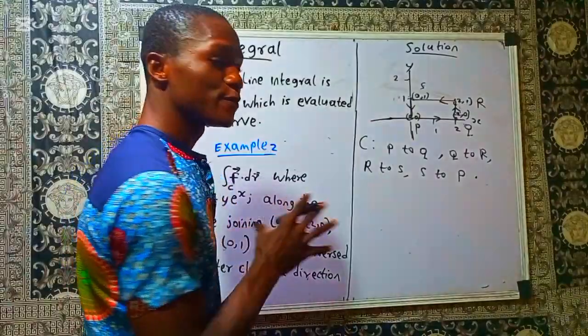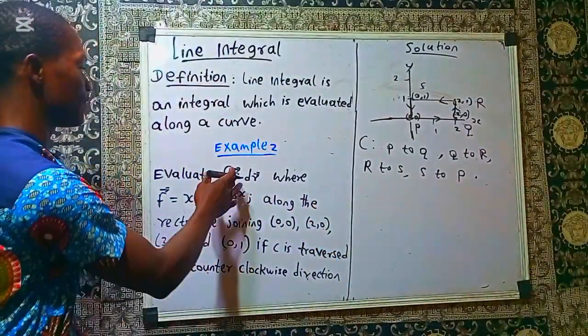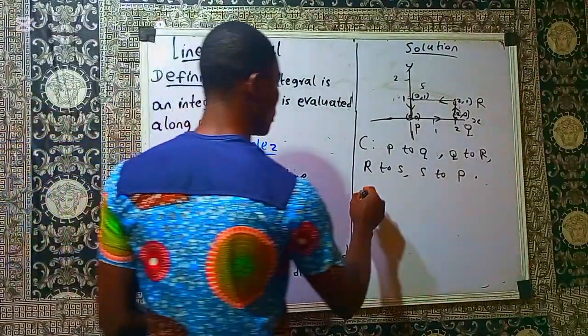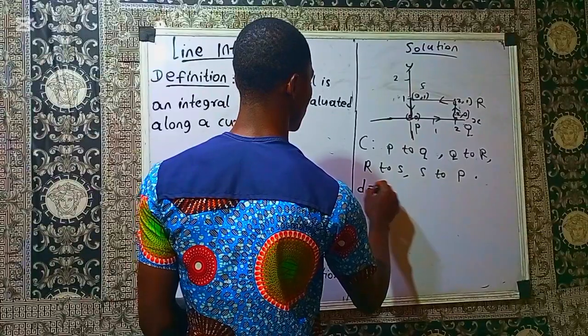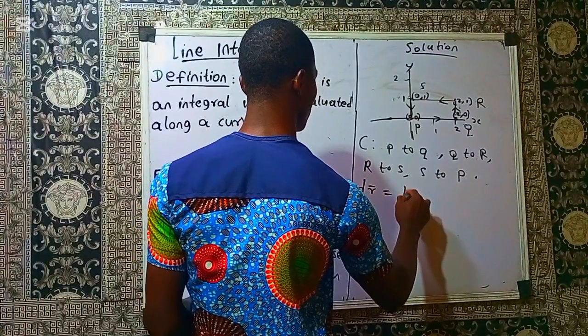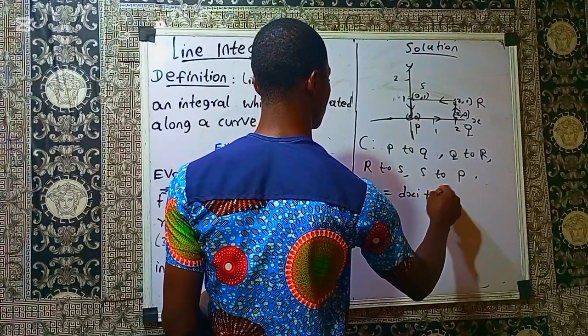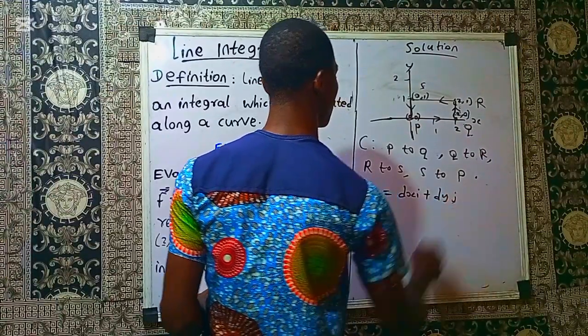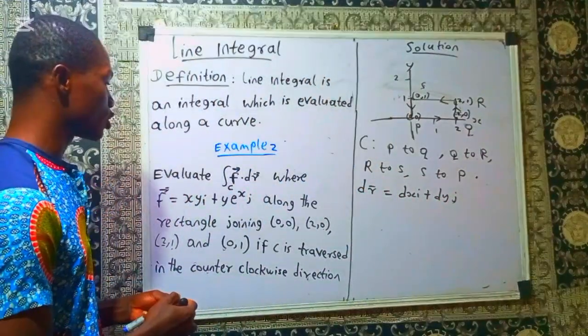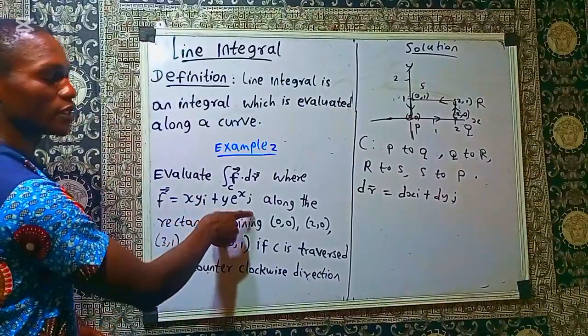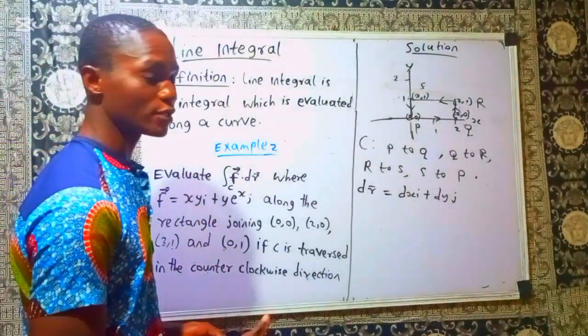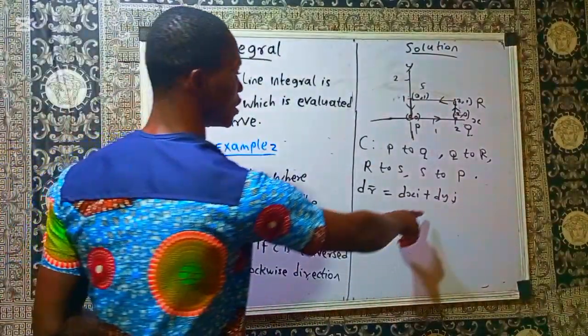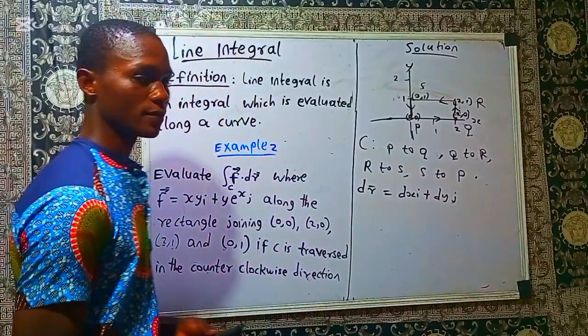So the next step is to get this F bar dot dr bar. Let me write our dr bar: it will be equal to dx i plus dy j. We are going to stop at j because our vector stopped at j. If your vector stopped at k, you would do dx i plus dy j plus dz k.